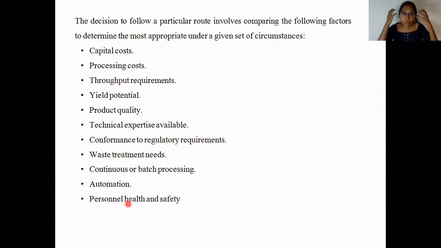So you have to provide the protective clothing based on the biohazard level that they are dealing with. Whatever equipment they are going to use or whatever safety measures you have to provide will also add to the overall cost. So all these things have to be kept in mind before going for the downstream processing.